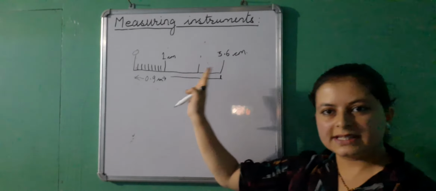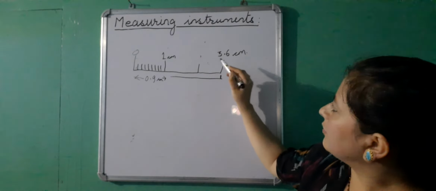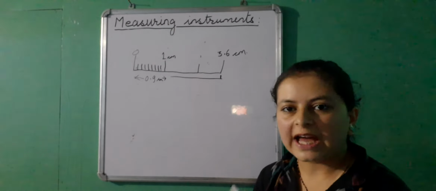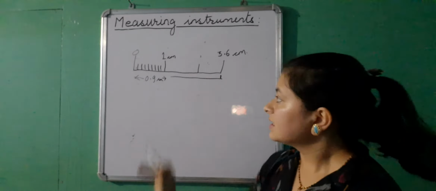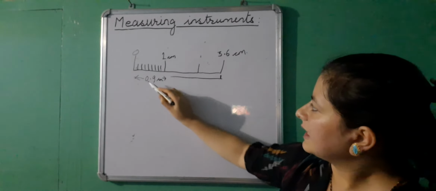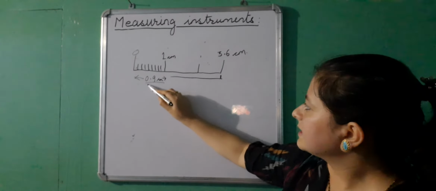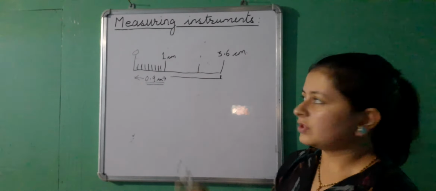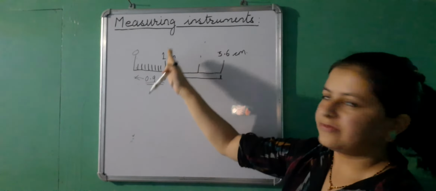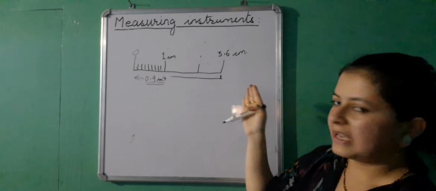I've taken this scale, I've trusted the scale, I've taken the measurement, and the value has come to be 3.6 centimeter, which is not the true or actual value. But when I take a deep observation in the first 10 divisions, I see that the first 1 centimeter is not actually 1 centimeter, it is only 0.9 centimeter. So here I have taken this extra count. Instead of 0.9, I've taken 1 centimeter itself.